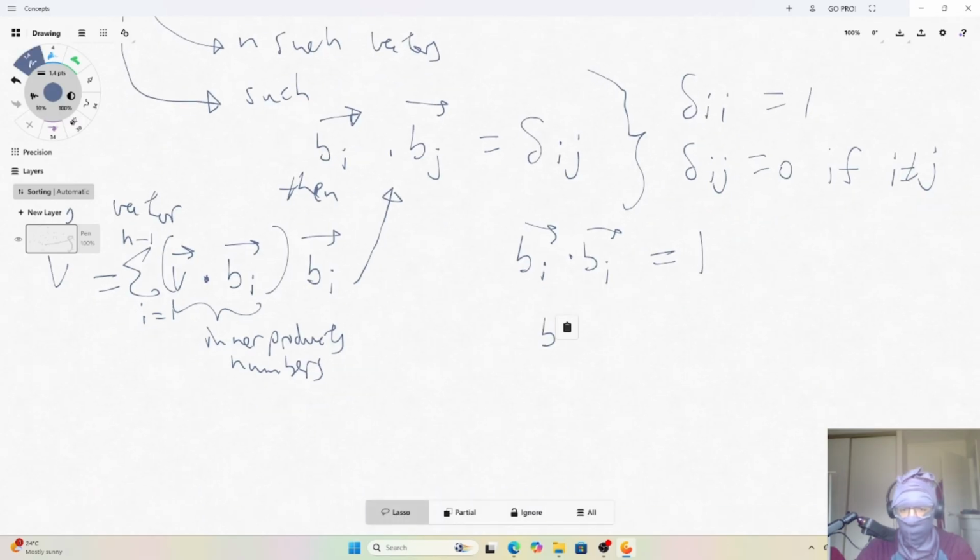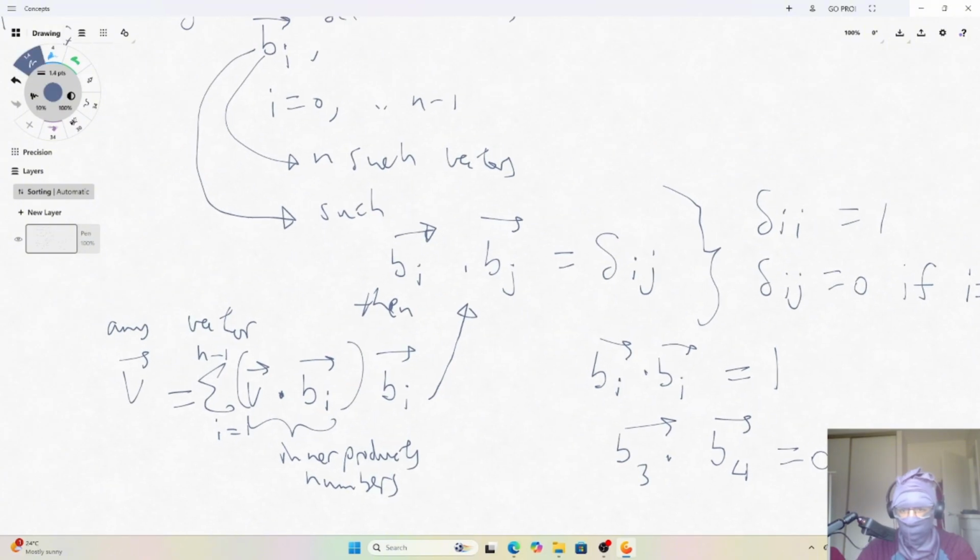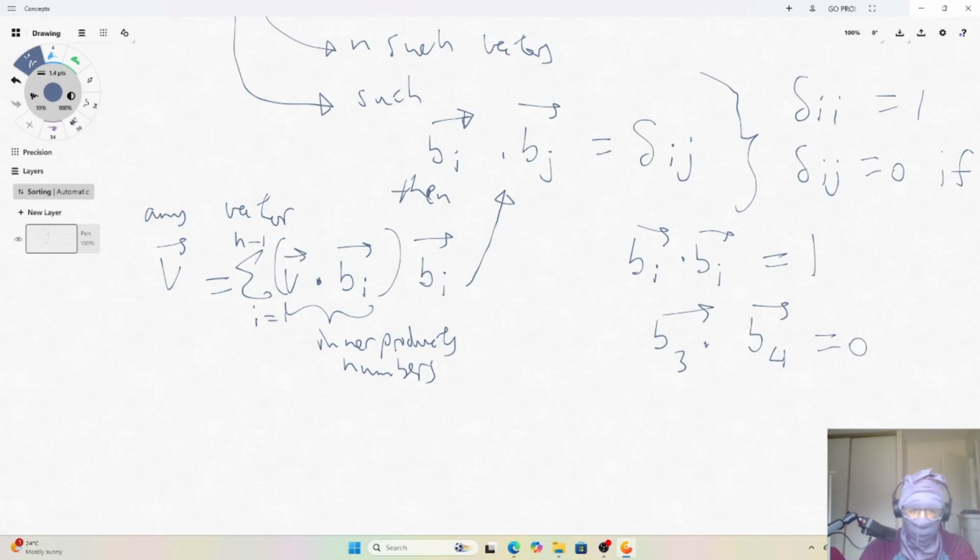And if you take the inner product of two different basis vectors, it is 0. If it satisfies that for any combination, then you can decompose that vector as a sum of those basis vectors.